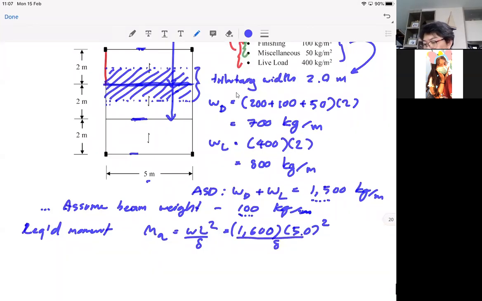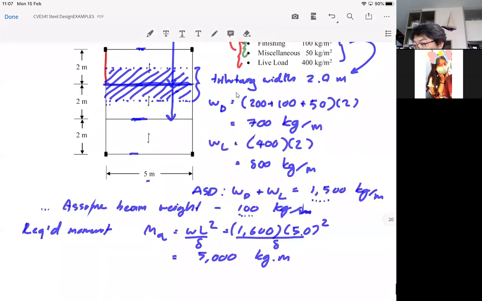Now, I don't need to tell you this, but you are an engineer. You should know that this moment will come out in terms of kilogram meter. You see, 5,000 kilogram meter. Okay, and if you are required to do so in the exam, this would be the 20% analysis.